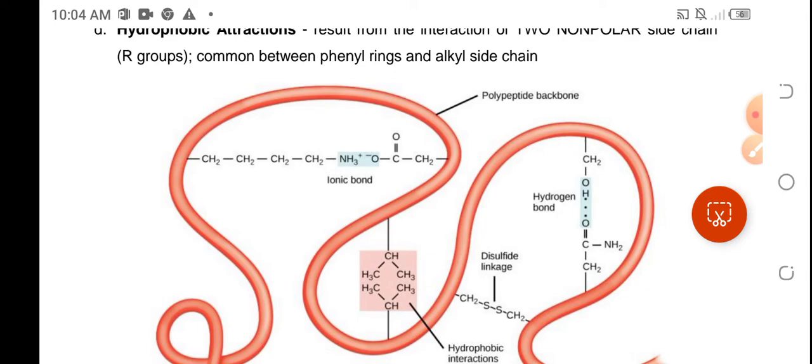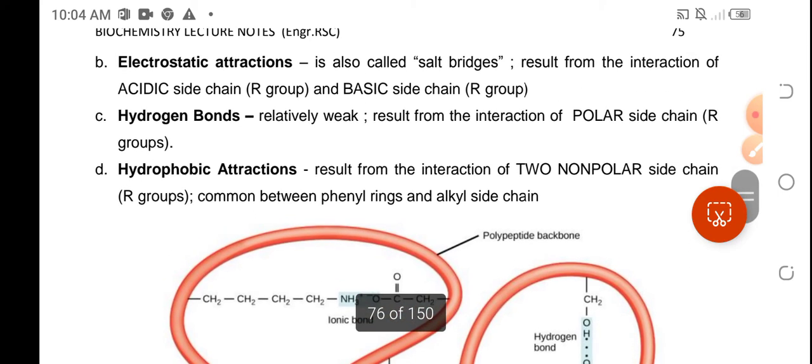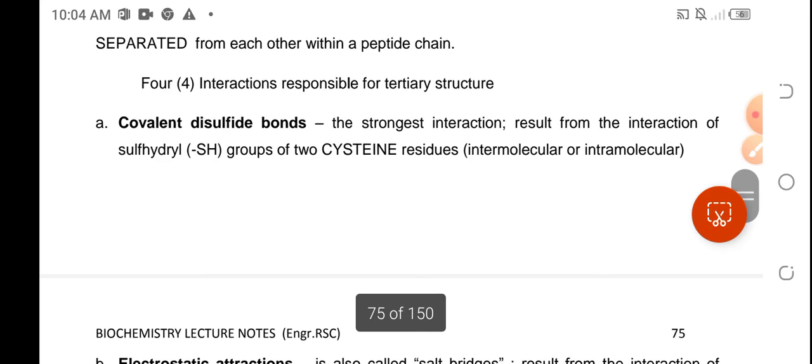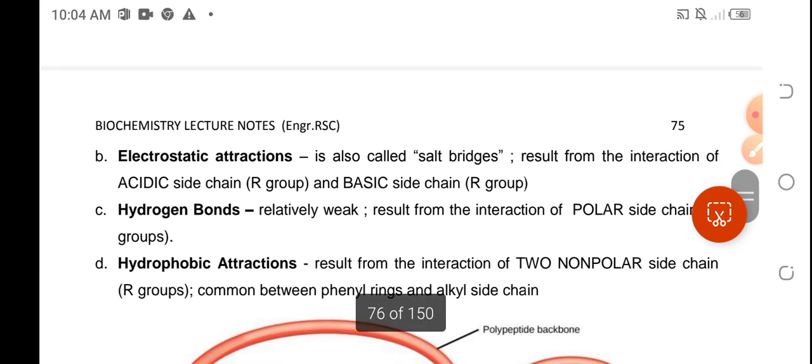And then for the third structure is because of the interaction of the side chain this time. And if we're going to have two cysteine as a side chain, we have covalent disulfide. If we have basic and acidic side chain, we have electrostatic attraction. If we have two polar, we have hydrogen. And if we have two nonpolar, we have hydrophobic attraction.